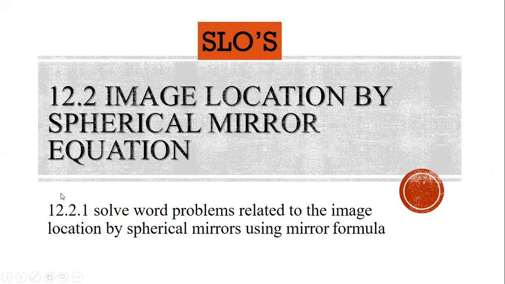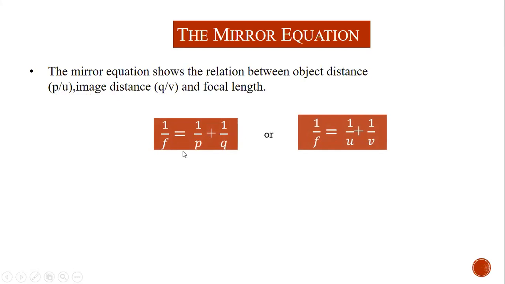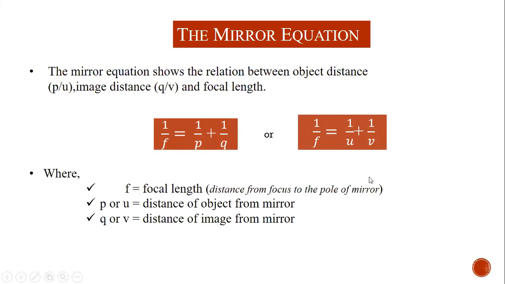So we are covering the SLO, that is, solve word problems related to the image location by spherical mirror using the mirror formula. Now, what is the mirror formula? The mirror formula is the equation that shows the relation between object distance P or U, image distance Q or V, and the focal length, which is denoted by F. So the relation is 1/F = 1/P + 1/Q, or 1/U + 1/V.